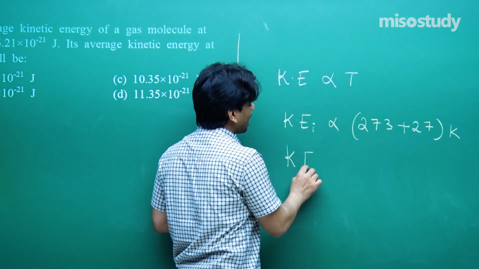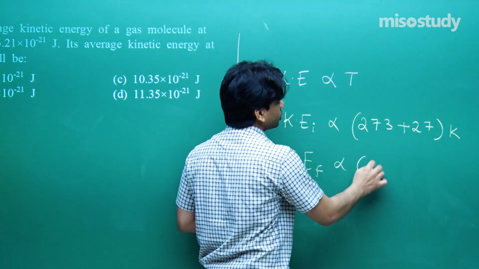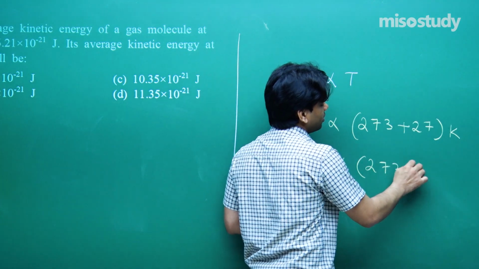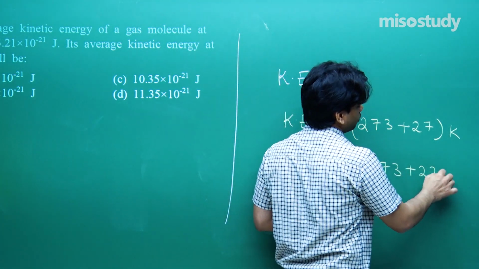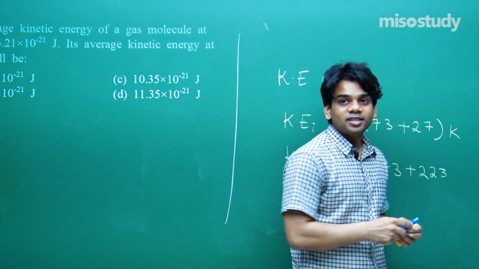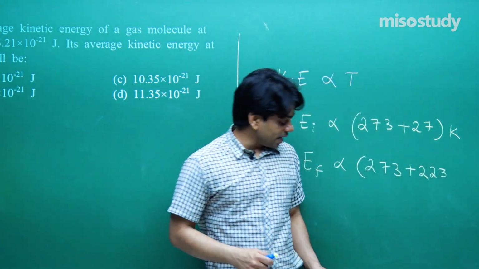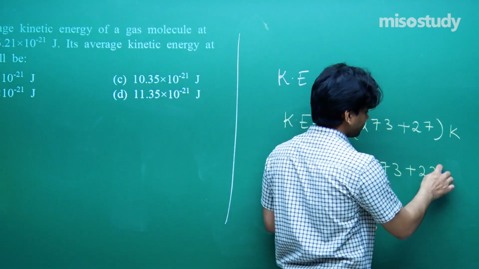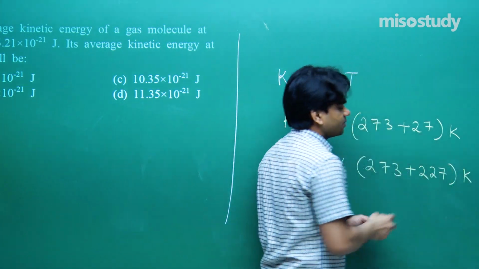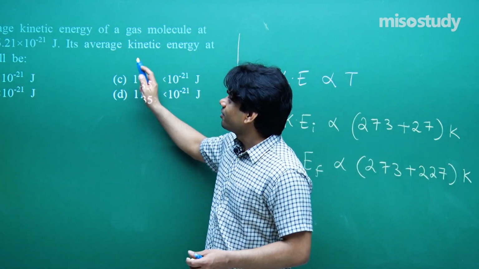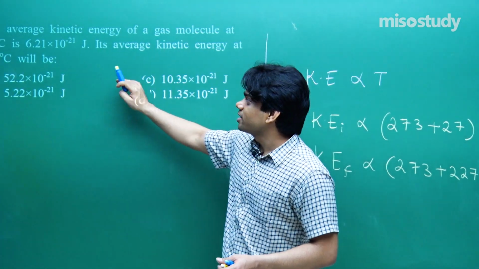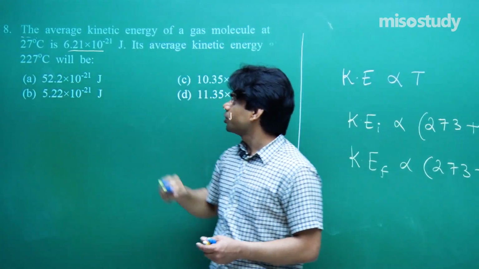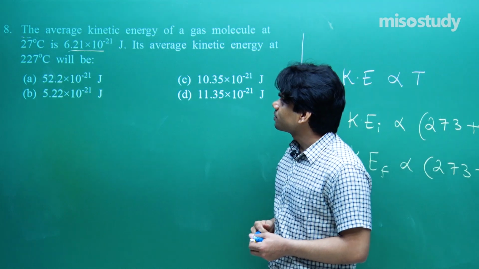And final kinetic energy will be proportional to 273 plus 227, that is 227 is the final temperature, Kelvin. Initial kinetic energy is given. The average kinetic energy of the gas molecules at 27 degrees Celsius is 6.21 into 10 to the minus 21 joule. That is what has been given.